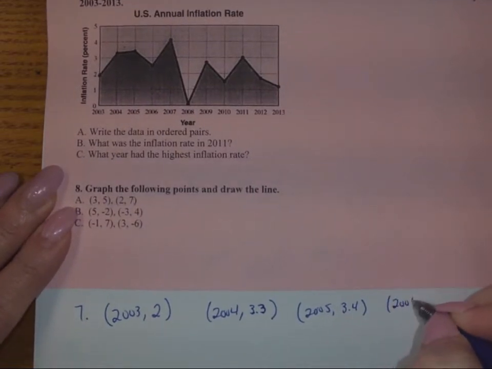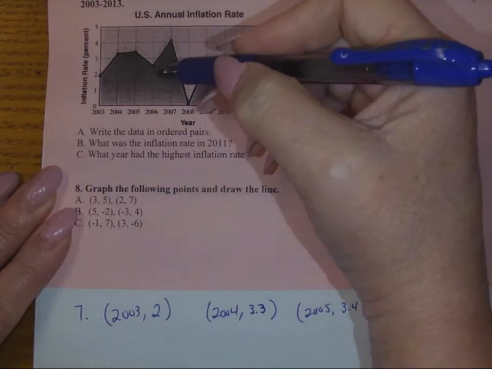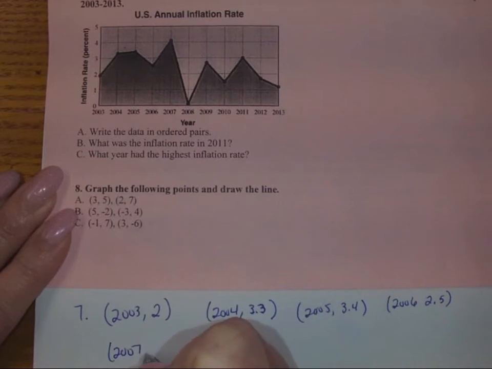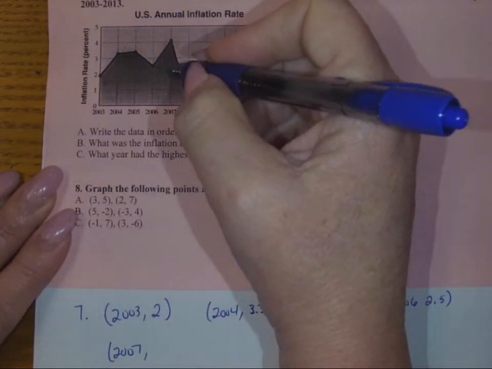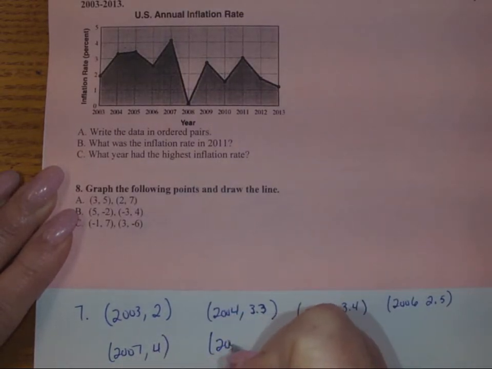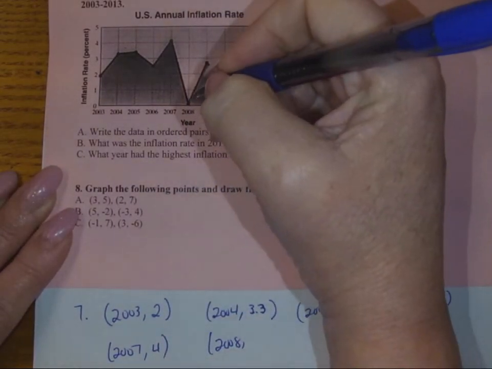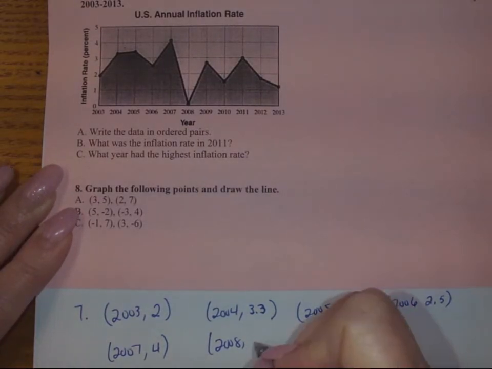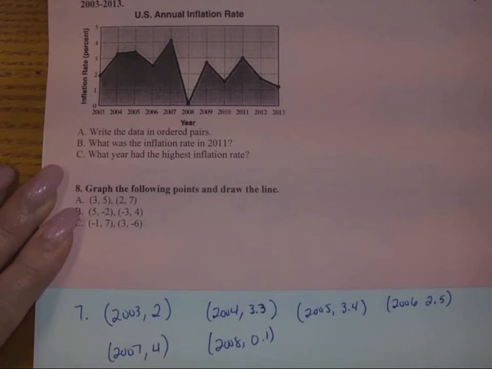In 2006, we go and look, and we're right at about halfway. Here's the mark here and the mark here, so we're going to go with 2.5. For 2007, we look, and we're really right at 4. For 2008, we're right down here at the bottom, but we're maybe slightly not at 0, so let's go with like 0.1. I don't know that the inflation rate's ever at 0.